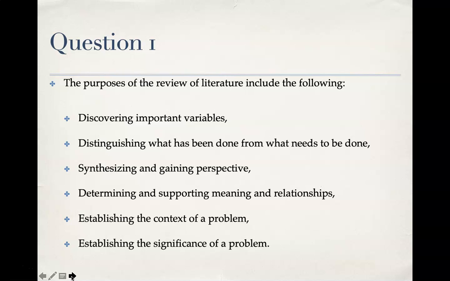It also helps you get other viewpoints and other factors that you can pull in to make your research statement and problem more encompassing and more generalizable to an entire population. It also sometimes can help you find things that you didn't know could be a variable or something that would be important.